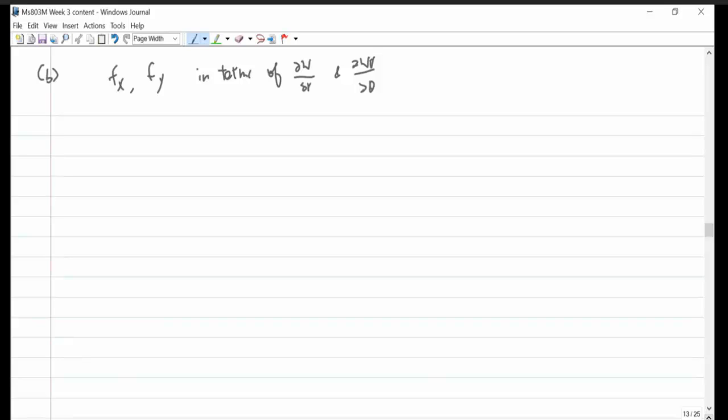Okay, so what does it mean? This is the equation we have in part A. dw/dr is fx cosine theta plus fy sine theta. This is one equation.